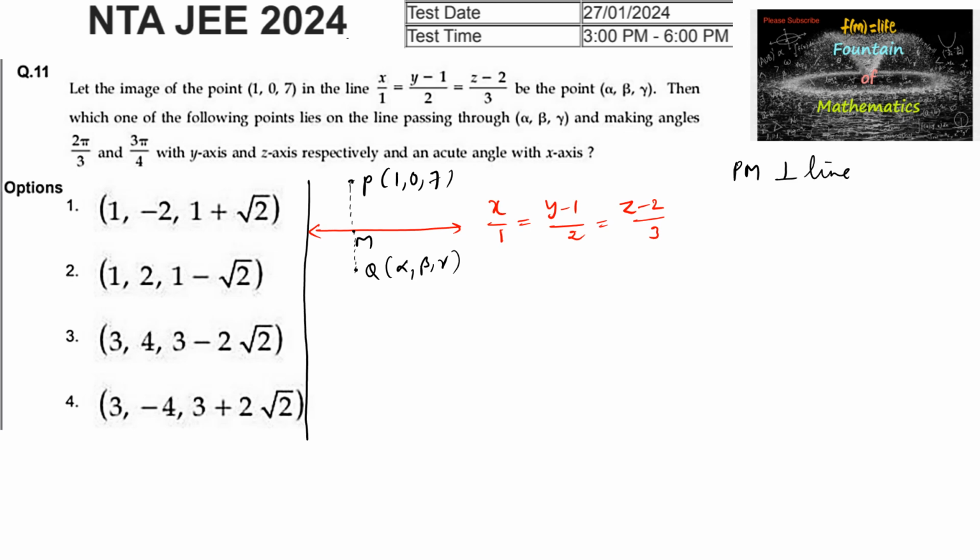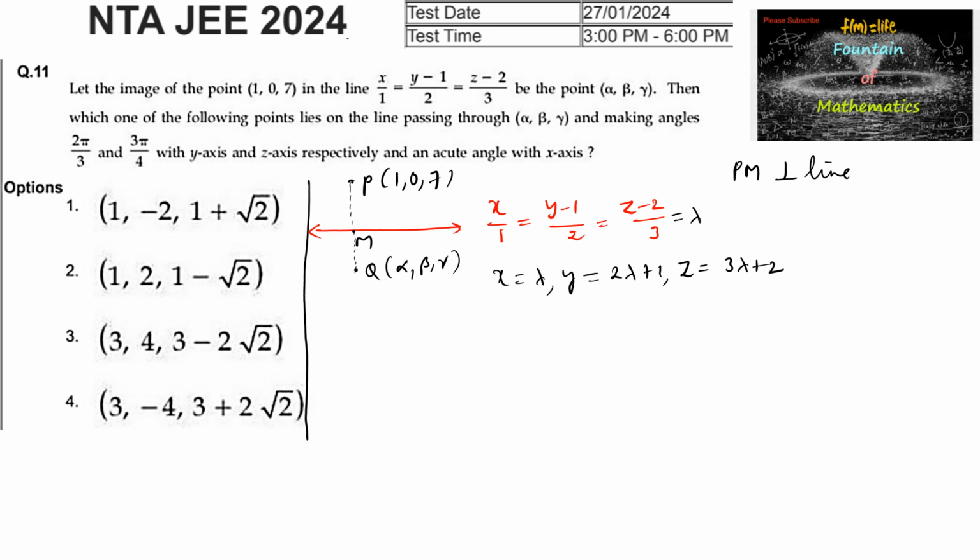So M is the point lying on the line, and we can say the line PM is perpendicular to the given line. Let us consider a general point on the line by taking lambda. x is equal to lambda, y minus 1 is equal to 2 lambda, so y is equal to 2 lambda plus 1, and z is equal to 3 lambda plus 2.